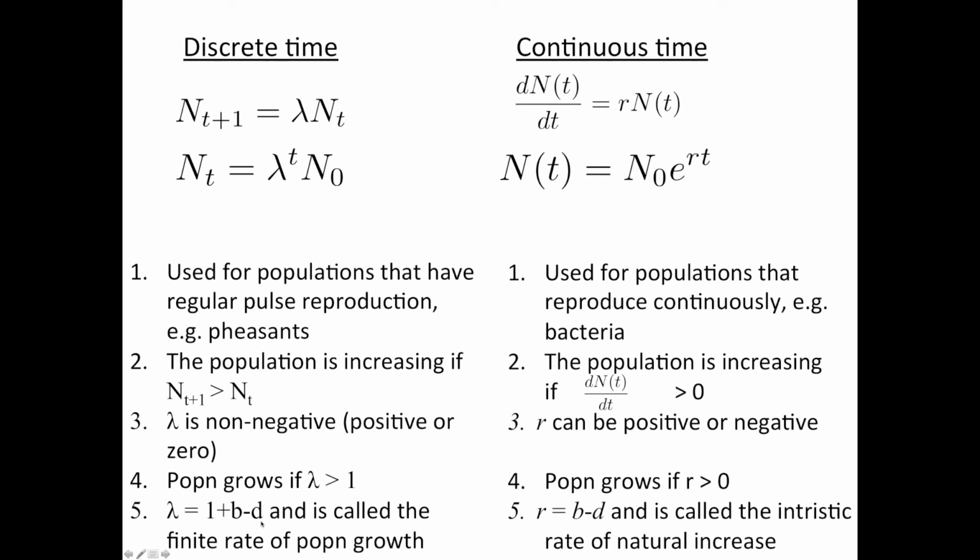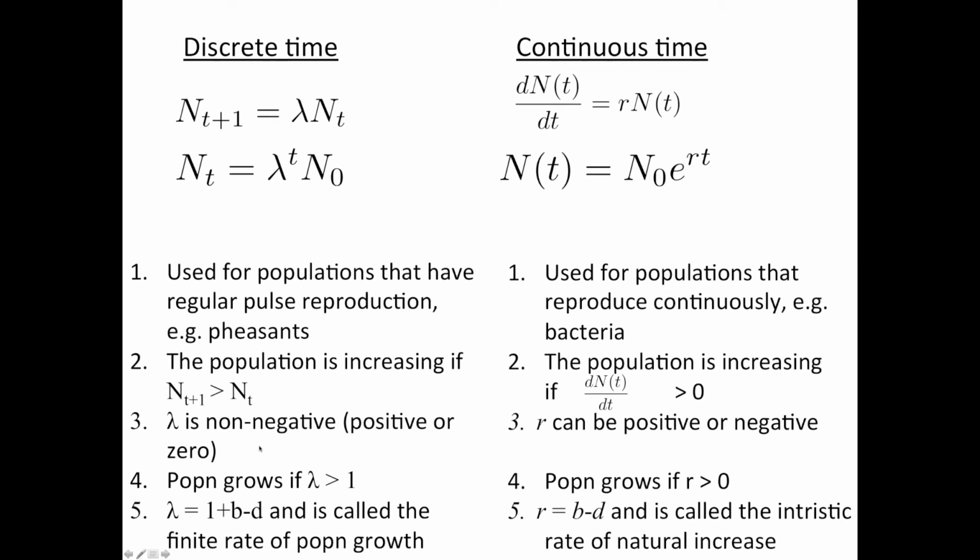So d is between 0 and 1. B is the amount of reproduction, so this is some positive number, or 0. So lambda, the smallest value it can take is 0. That would be if everyone in the population dies and if there's no reproduction at all.